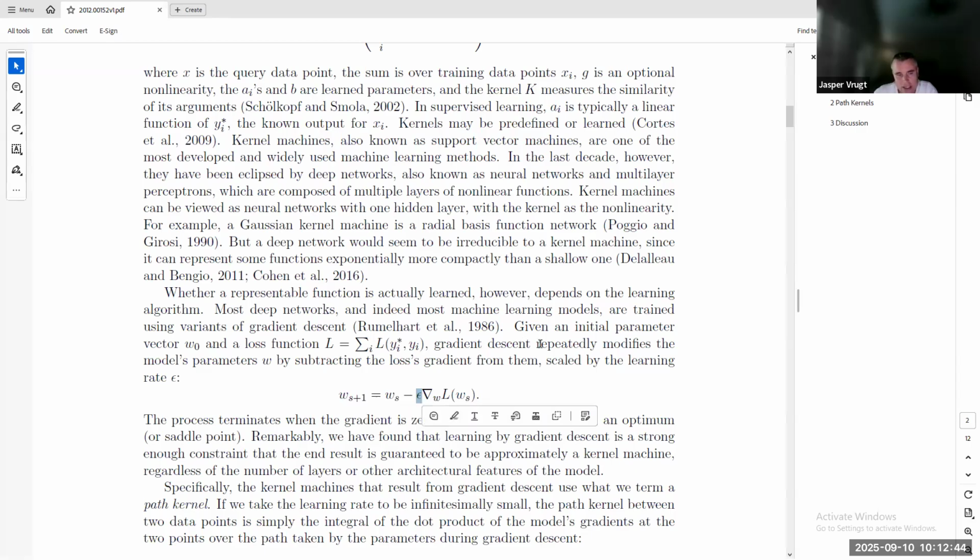Then this is a scalar, which is called the learning rate, between 0 and 1. You don't want it to be 0, because then no learning takes place. But the closer you get to 1, the closer you are to gradient descent, right? You use a standard step length. The nabla operator indicates we're going to take derivatives of the loss function with respect to each individual weight.